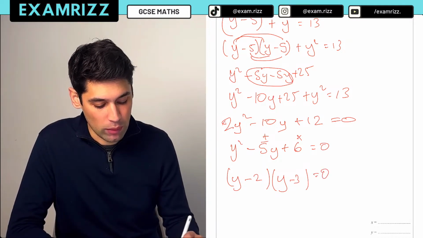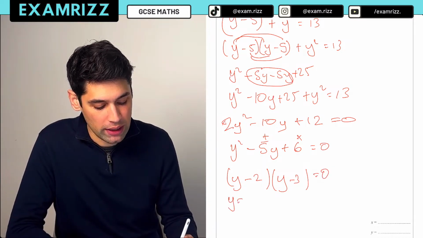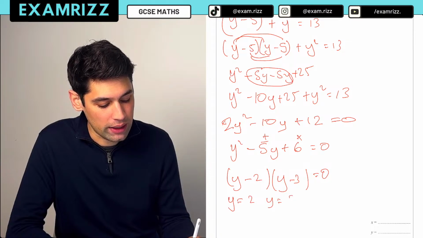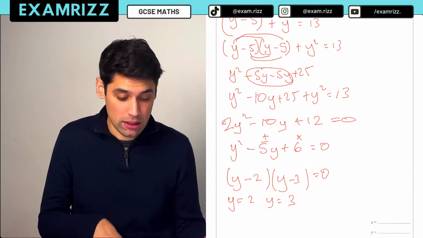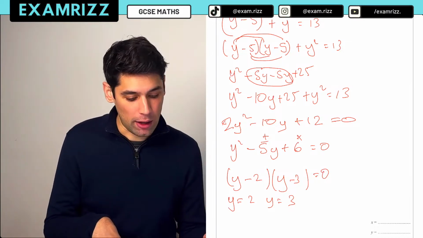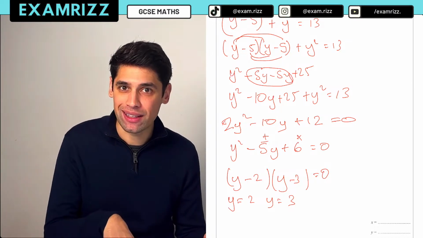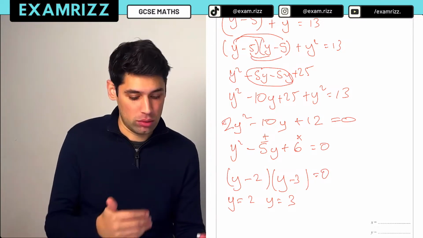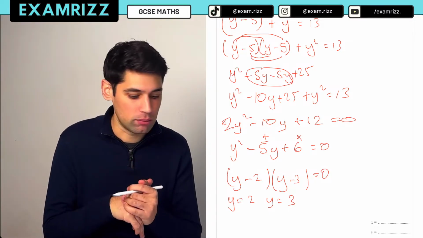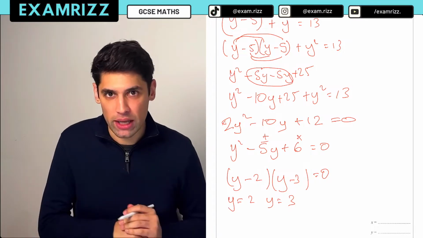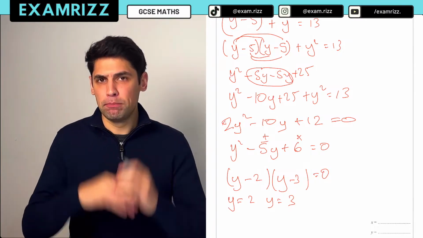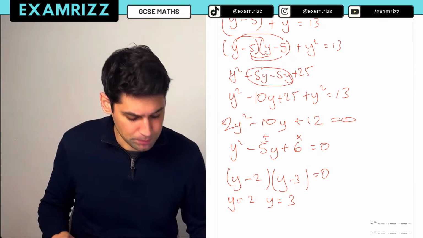That equals 0, and we should know at this stage that means y equals 2, y equals 3. If you're not exactly sure how I got that, or any stage in this, please let me know. We're going to be doing a couple more questions like this, so I'll perhaps slow it down at whatever particular stage you may need, and I'll be able to go through it again and maybe explain it in a different way. But let me know if there is anything you need.